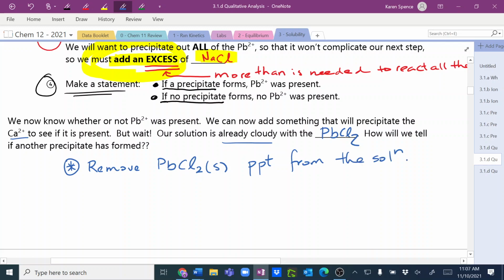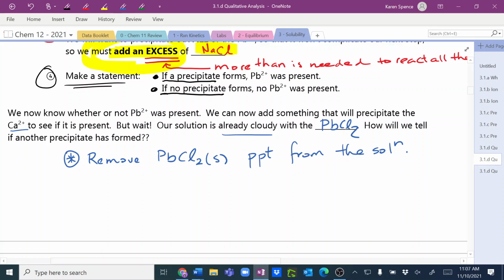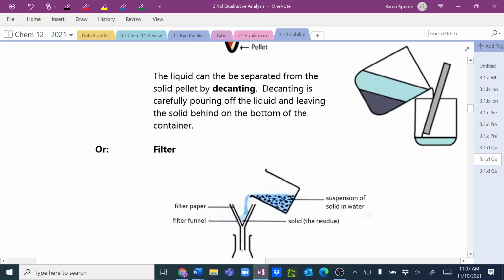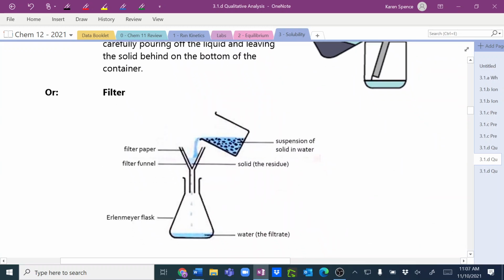One example of a way to do that is by filtering, and that's actually on your next page. It's the second method.